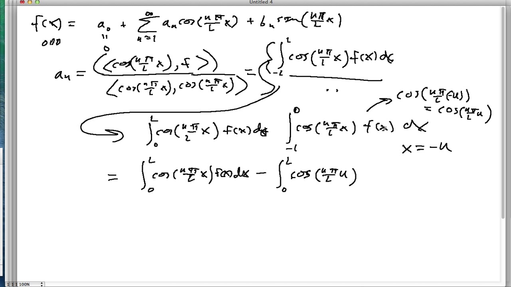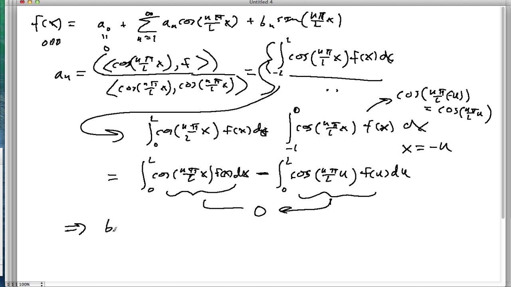But f is an odd function, so it does not do that. And so it will project a negative sign outside, and we get f of u du. And of course, these two integrals are the same, and they cancel to create 0. And so now what we can say then is, a_n is equal to 0.